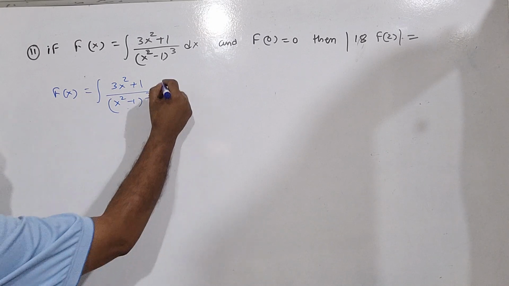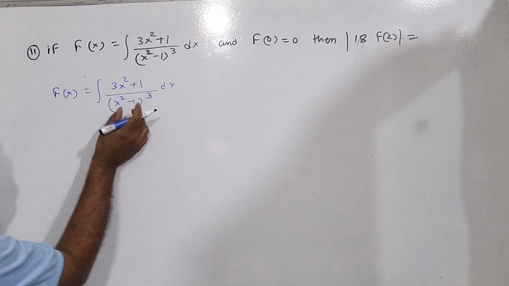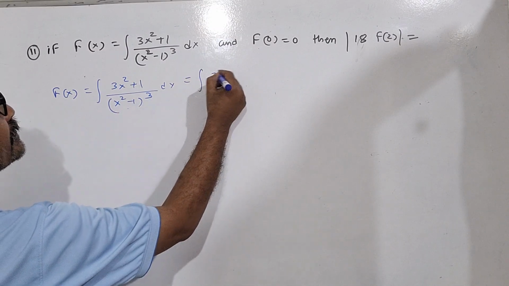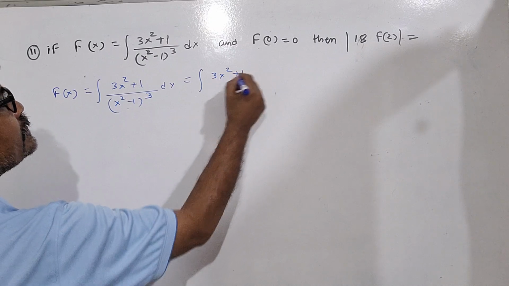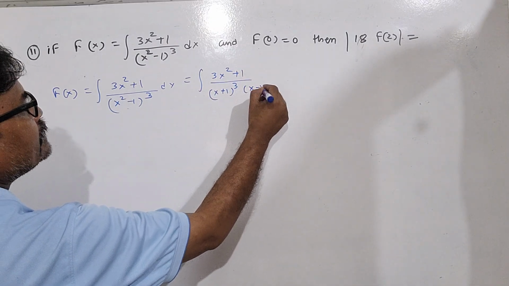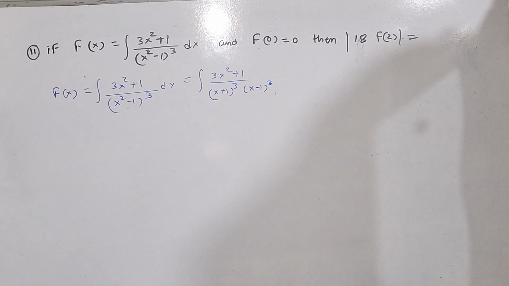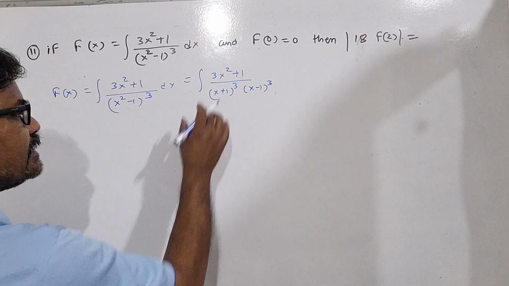So very straightforward, I can see that this x² − 1 can be factorized, correct? So this is 3x² + 1, and this is (x + 1)³ into (x − 1)³, correct? And also we know the algebraic identities.